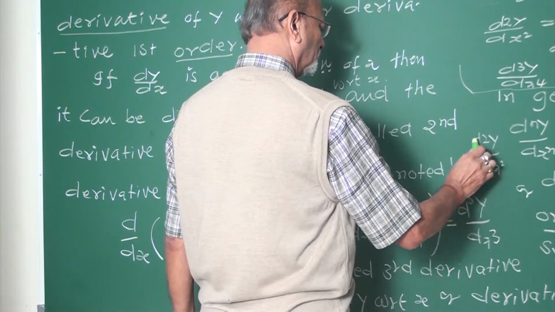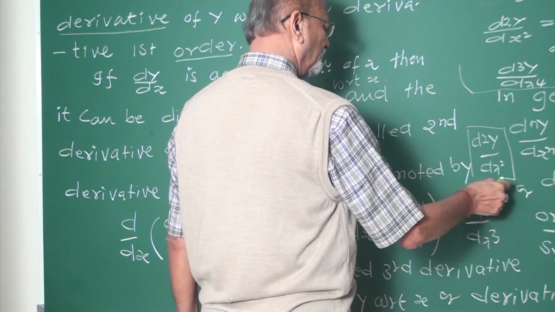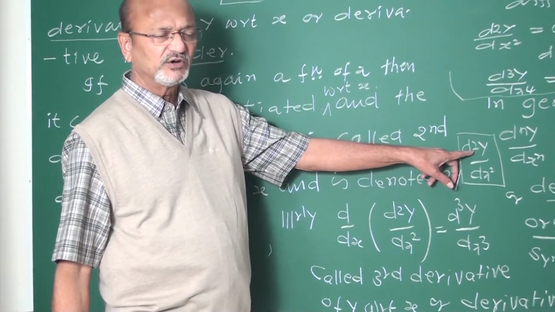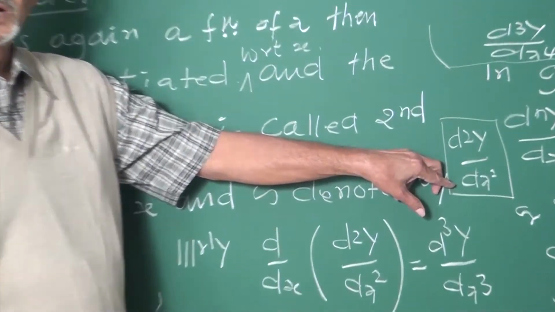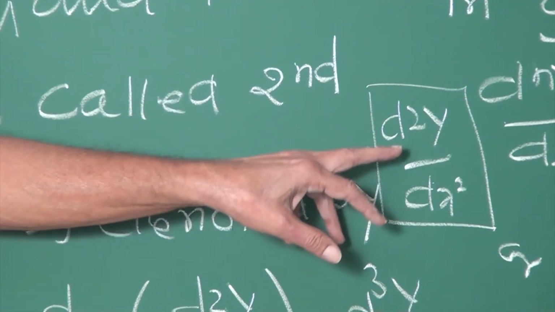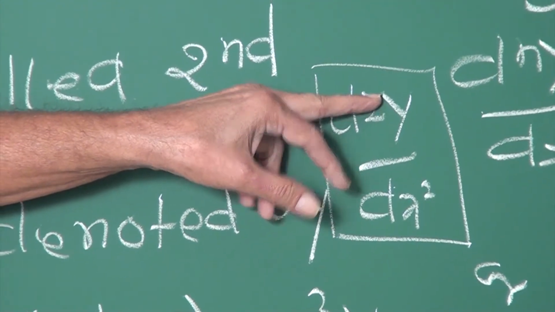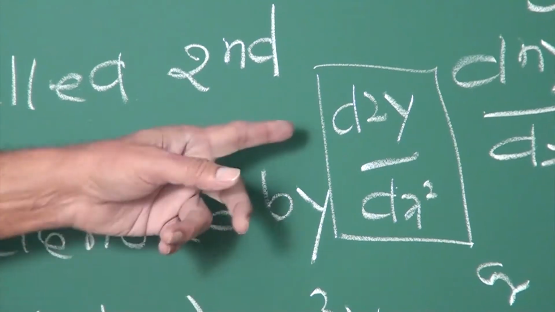It is a symbol denoted by d2y by dx2. Another name is derivative of order 2, derivative of second order. All these are the names for it.